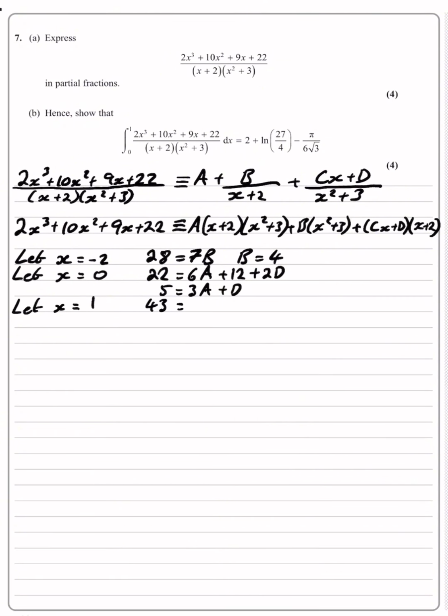The next easy number to plug in without doing too much thinking is x equals 1. When we do that, we get 43 equals 12a plus 16 plus 3c plus 3d. Subtract 16 from both sides.